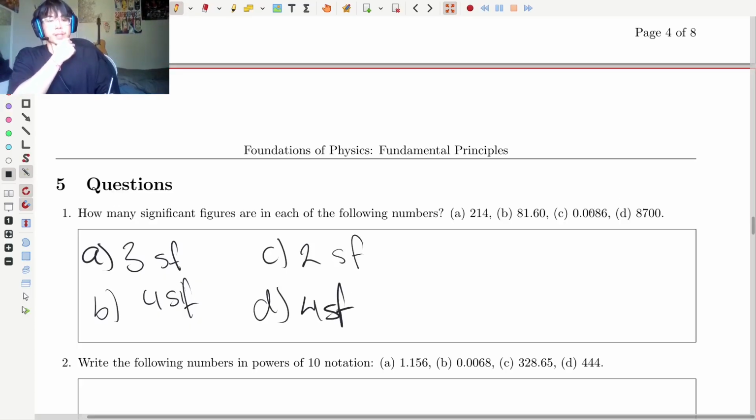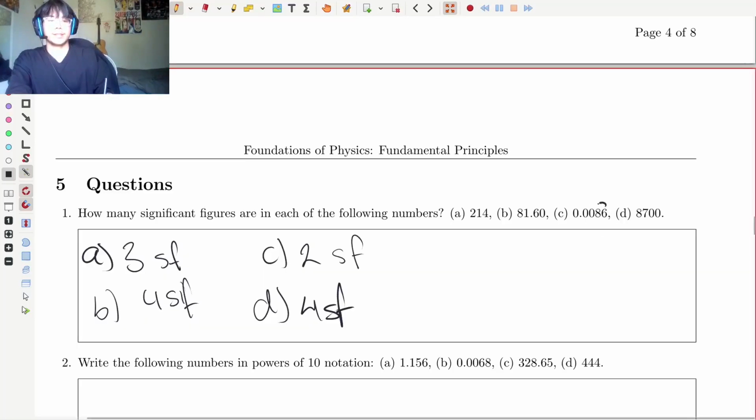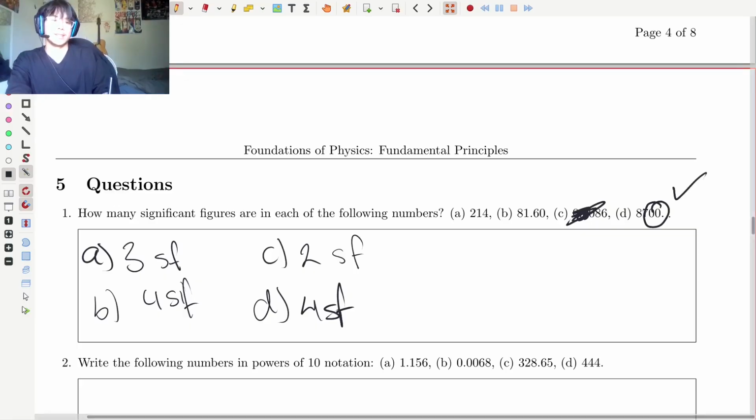The reason why B has only 2 is because these are our only significant figures. Leading zeros are insignificant, however trailing zeros are significant. So this here is 4 significant figures.